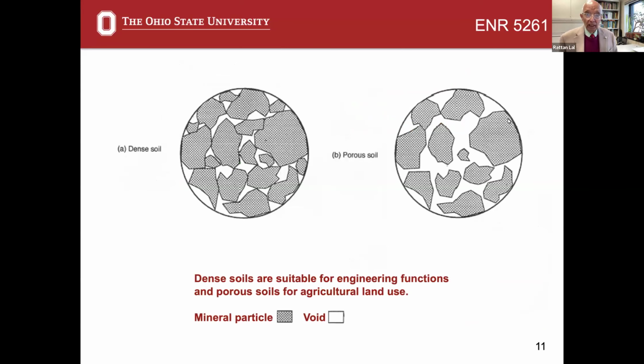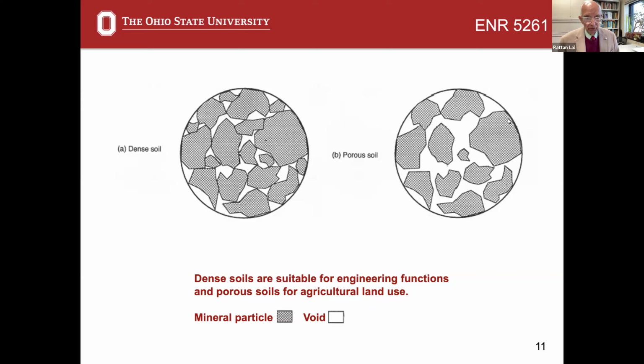We have a dense soil and a loose soil. A loose soil is porous soil. A loose soil has more pores. And when soil is compacted, such as by heavy weight passing on it, like the weight of a tractor, the porosity decreases. The air is squeezed out. Therefore, relative proportion of solid is more than that of voids or pores in it.